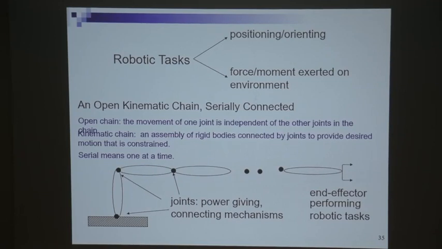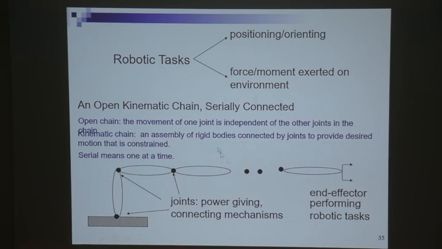And the robotic task typical to a classical robot will be the force and movement that it exerts on the environment. When you place a pencil on the table, a force is exerted on the table. So when we talk about the robotic task, we're dealing with these two things.